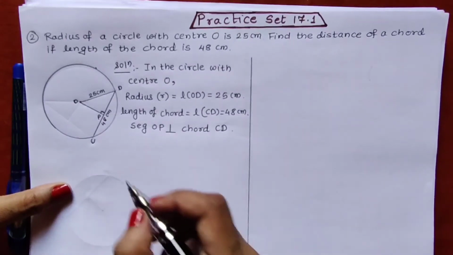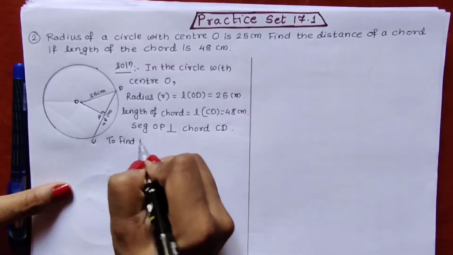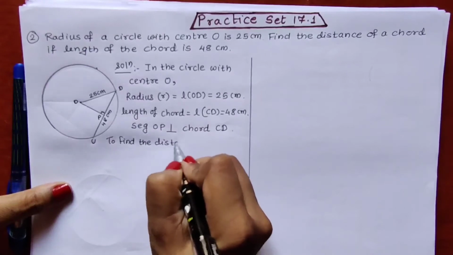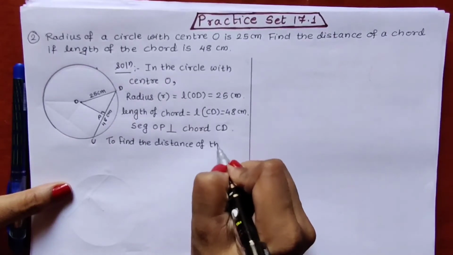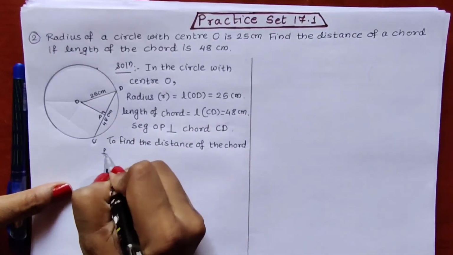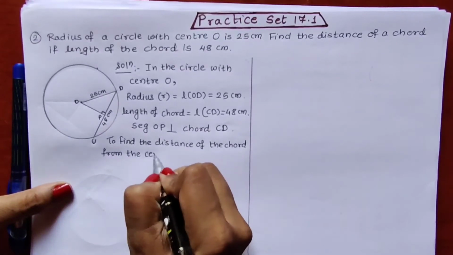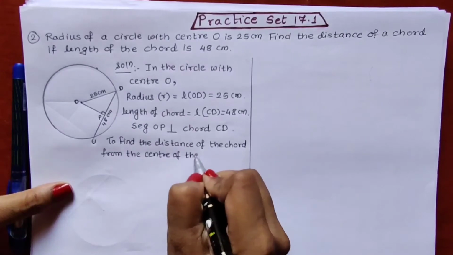So I will be writing here: to find the distance of the chord from the center of the circle.